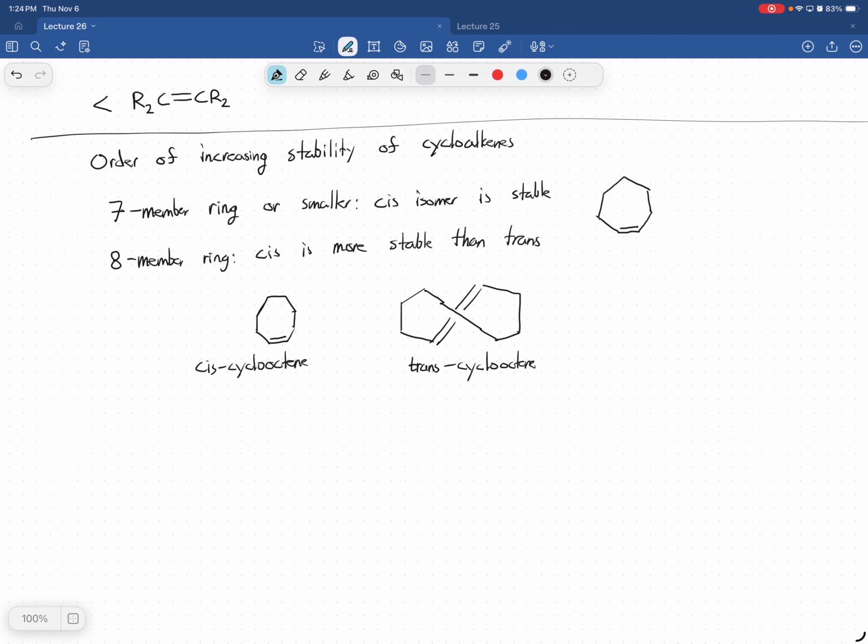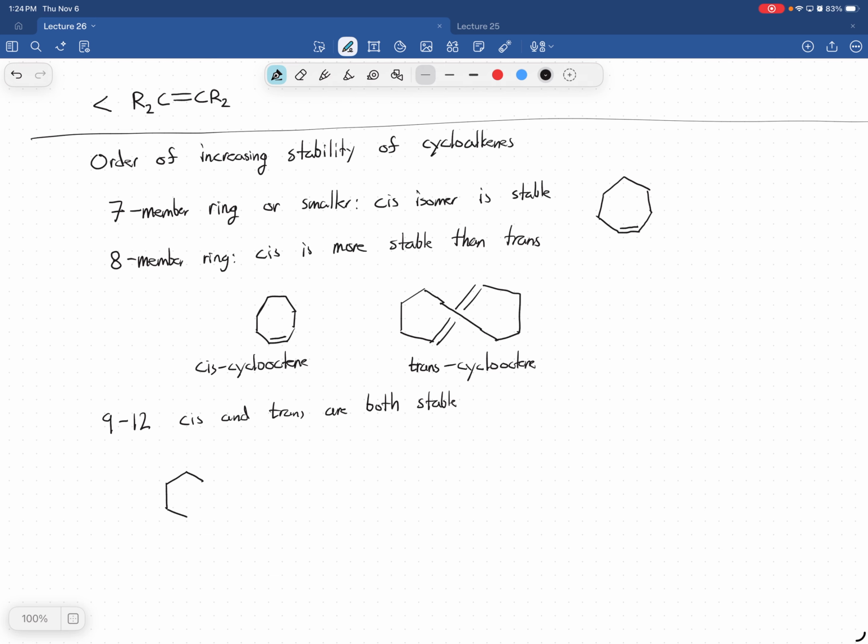And then you have bigger ring sizes, 9 through 12. So at those ring sizes, cis and trans are equally stable. All right, so let's do a few examples.